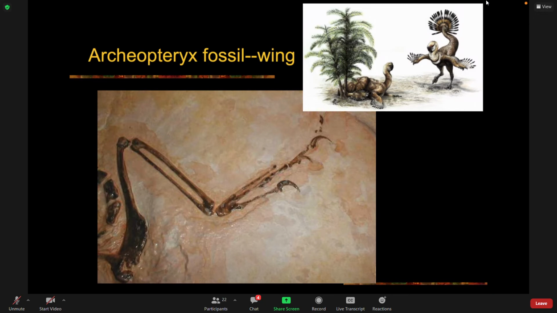They're rather asymmetric in the way the vanes are coming off of the main shaft. And so there's a bunch of anatomical things about the feather that makes it a flight feather, okay? And it's very obvious with the pectoral muscles and everything in the ostrich that they came from an ancestor that did have the capability to fly.